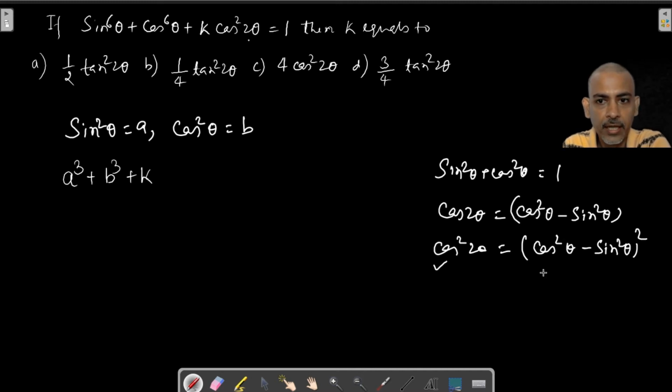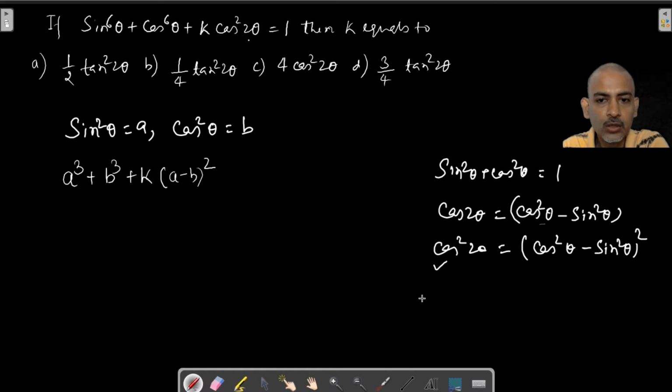Putting it in this form, this is going to be A minus B, whole square, because cos square theta is A and sin square theta is B. And this is the expression.